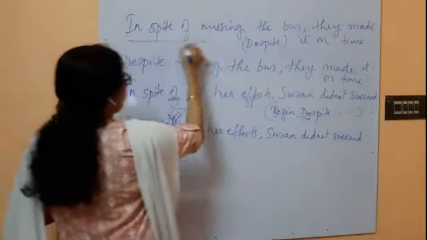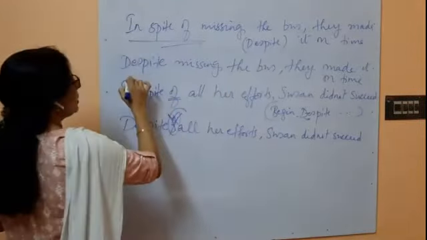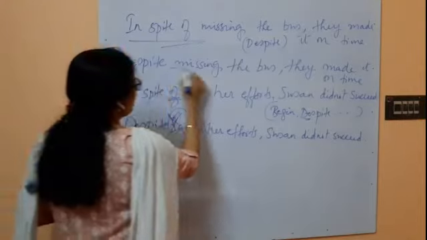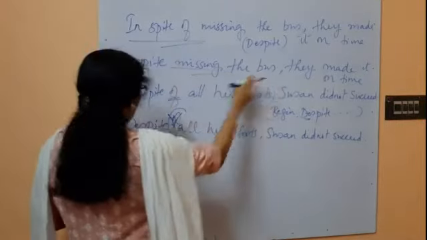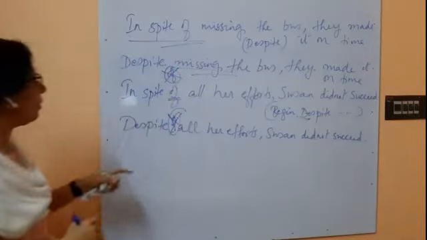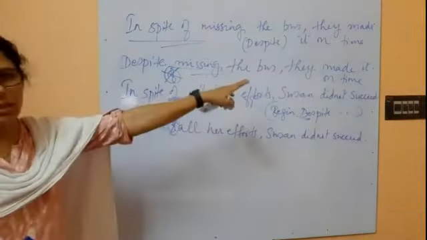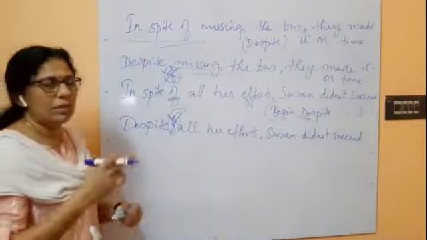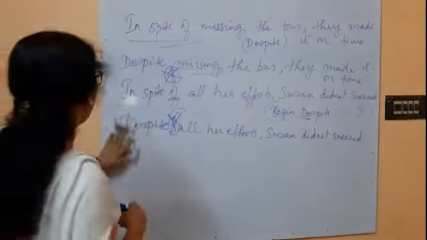So in spite of missing the bus, they made it on time. When we are writing despite, it is despite missing the bus, not despite of missing the bus. So of is wrong and should not be used. So despite missing the bus. When we are rewriting it with despite, of should not be used.